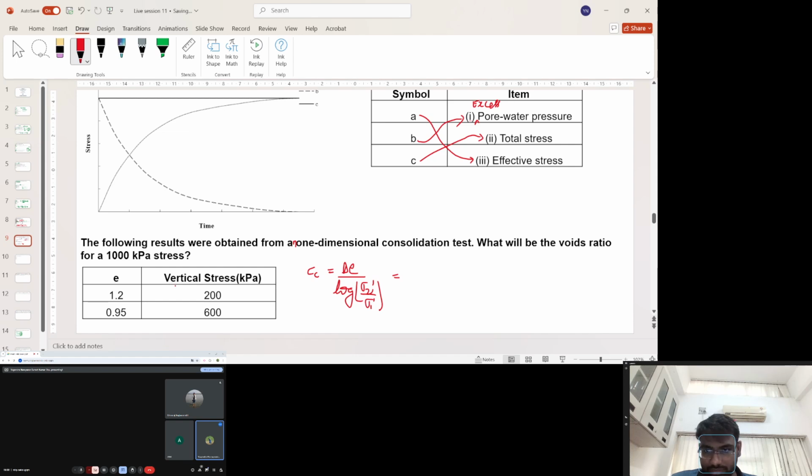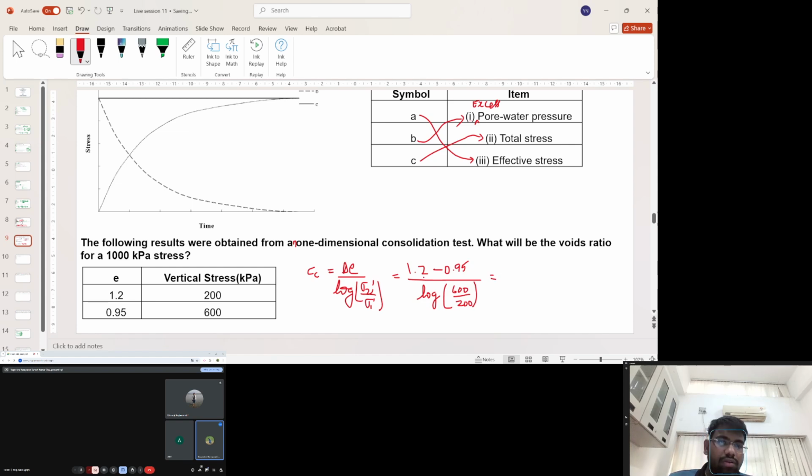If we do it, 1.2 minus 0.95, divided by log of 600 by 200. All right. How much are we getting?